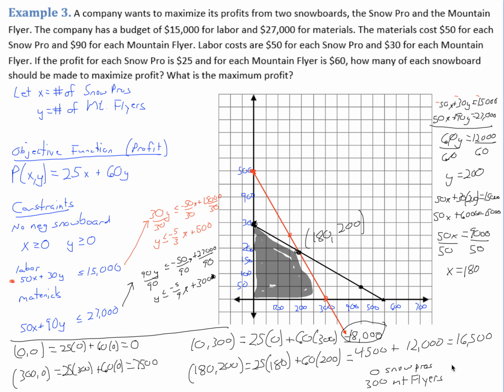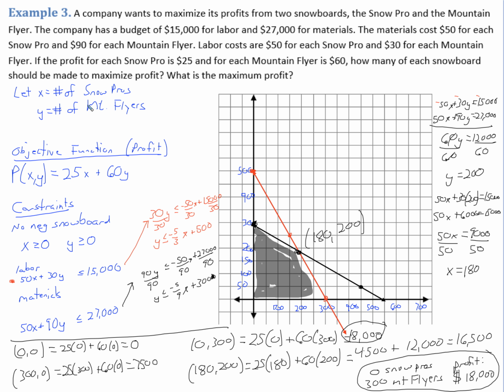And then the profit would be 18,000. And so we answered the 2 questions there. Those are 2 answers. So if they were to sell everything, they should make no snow pros and 300 mountain flyers.